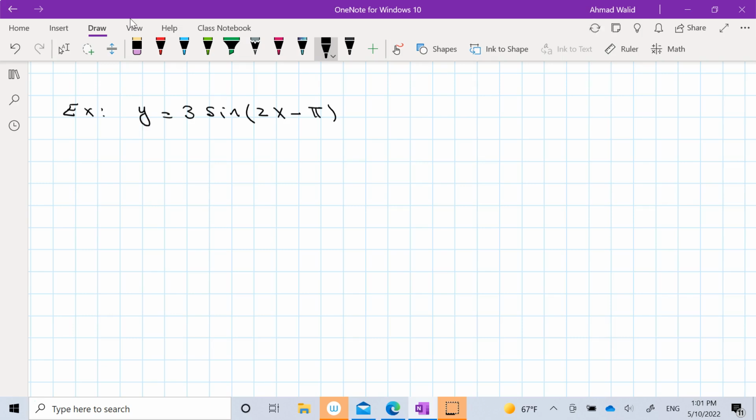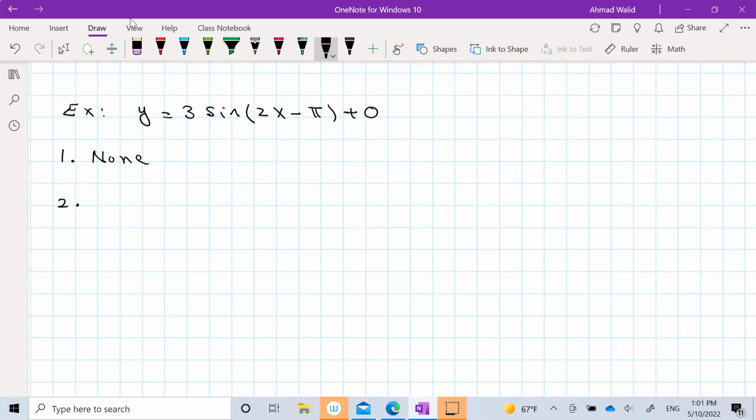Here you see you have a phase shift, 2x minus pi. How would you deal with this? Step 1 is vertical shift, which we have none, correct? Because here we have plus 0 actually. It means we don't have vertical shift.